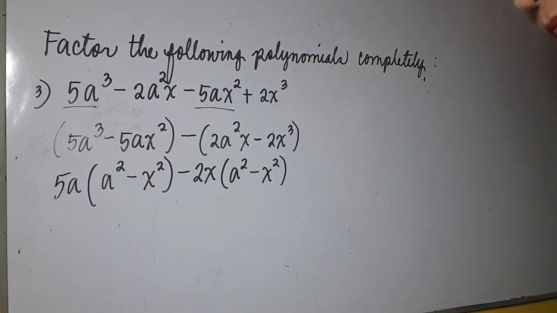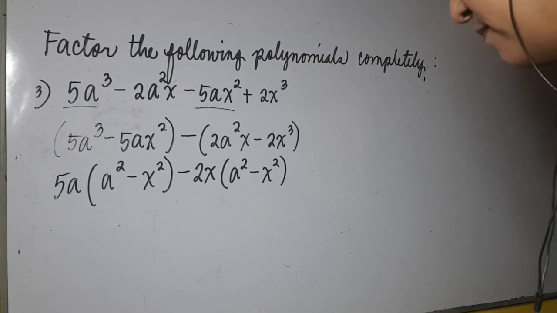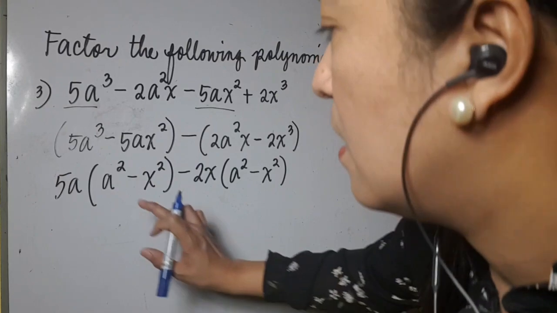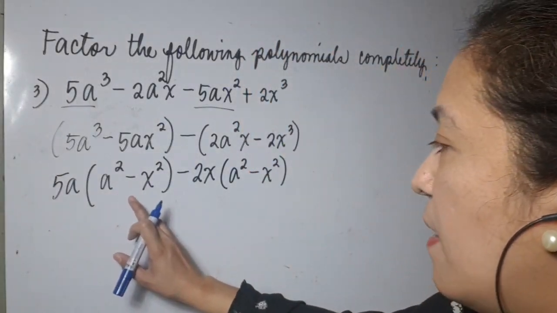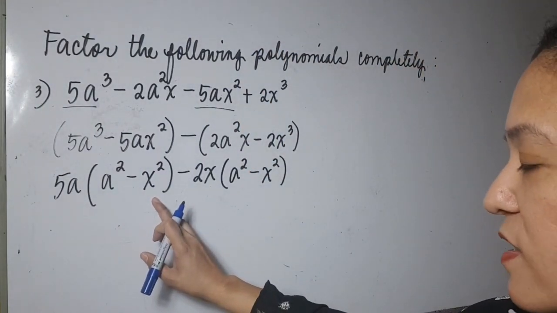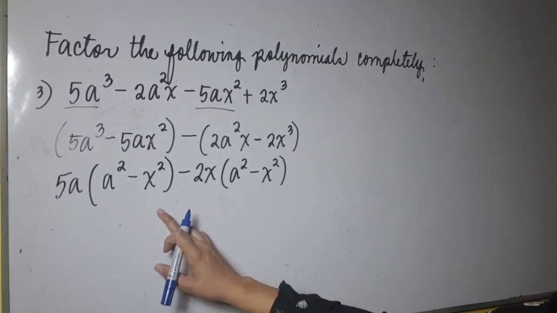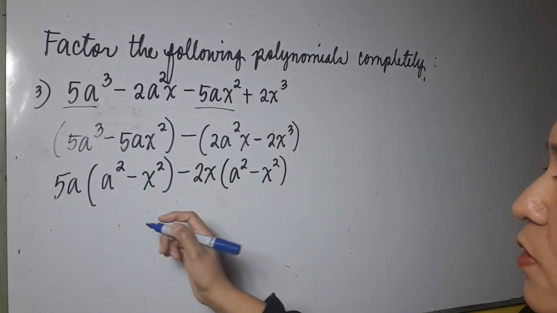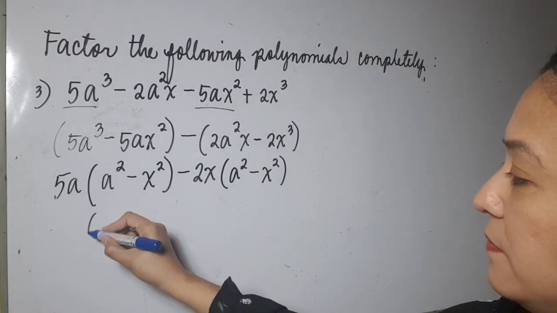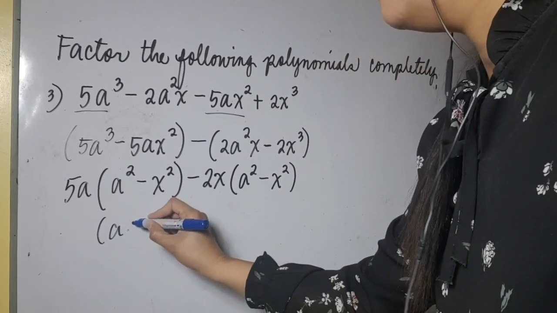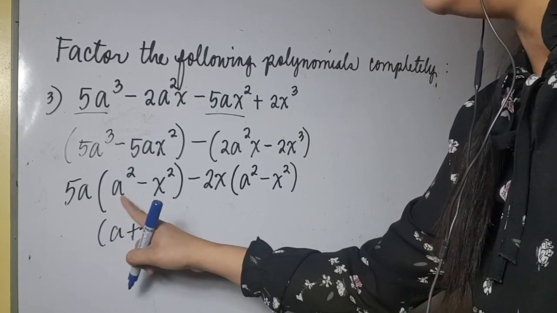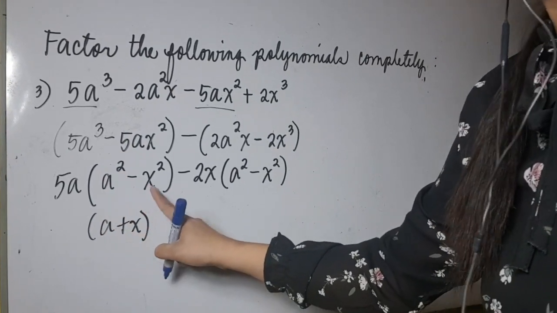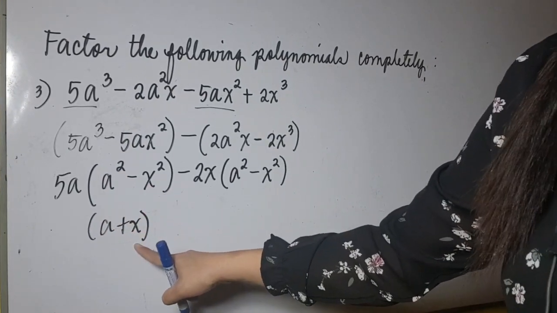Okay, now you will see that from these factors, you have a squared minus x squared, which is a difference of 2 squares. Okay, so still that can be factored. So we have a plus x, the square root of a squared is a, the square root of x squared is x.